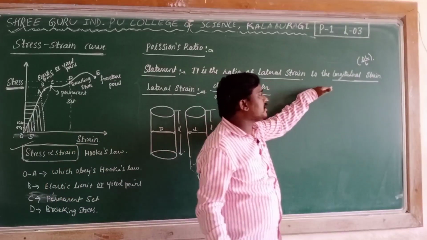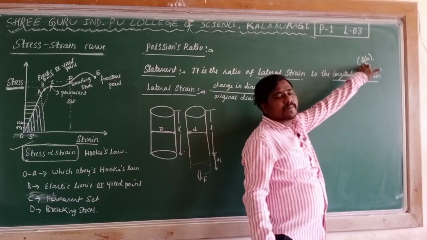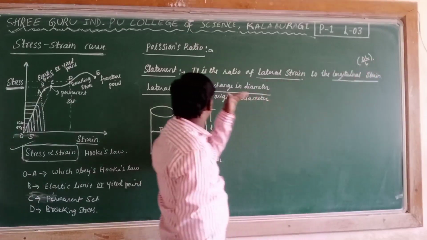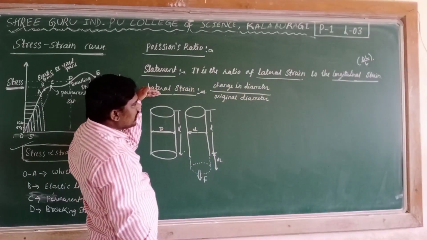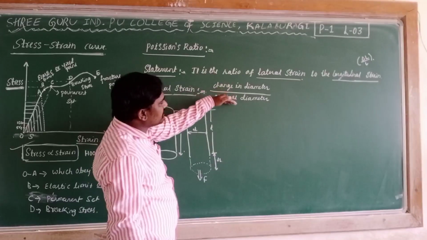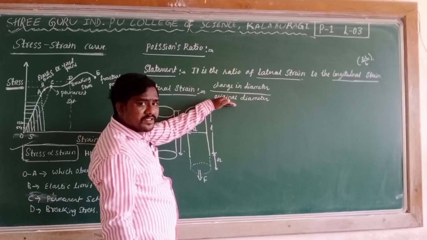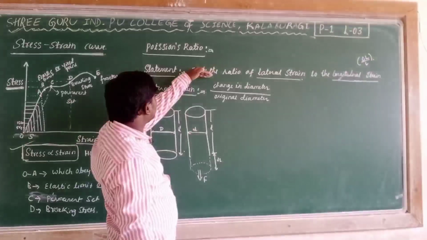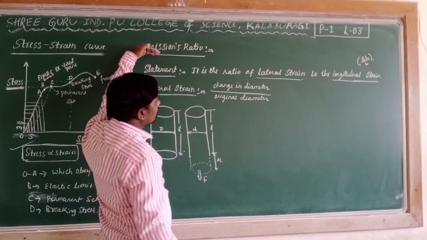Longitudinal strain means change in length with respect to original length. Similarly, here lateral strain means change in diameter to the original diameter. Now, what is the statement for Poisson's ratio?